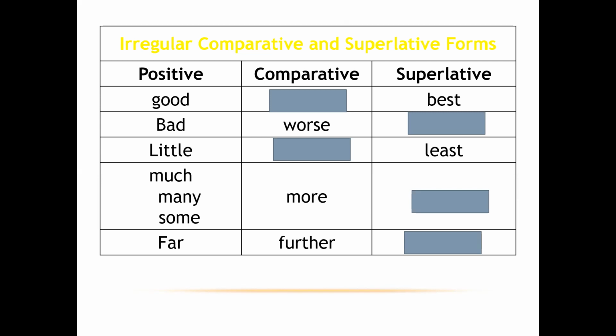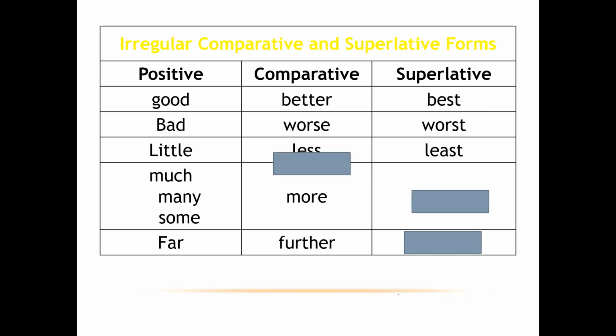Good, better, best. Bad, worse, worst. Little, less, least. Much, many, some, more, most. Far, further, farthest. Okay. Tingnan nga natin, baka naman mali-mali yung mga sagot ko. Joke lang.